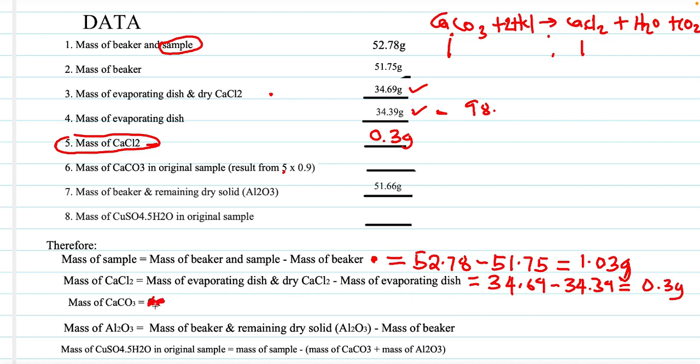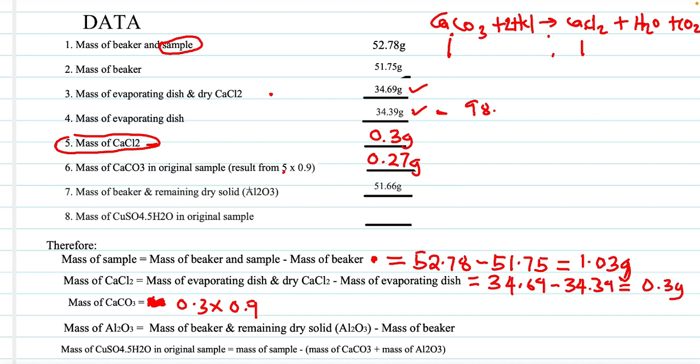I'll cancel this. This is going to be 0.3, the result I obtained from calculation number 5, times 0.9. So here becomes 0.27 grams. So the mass of calcium carbonate is 0.27 grams.